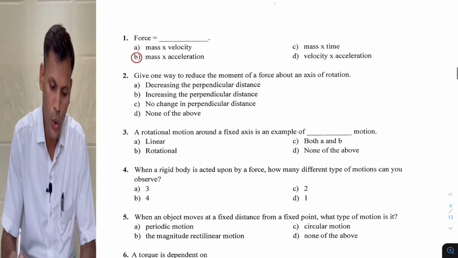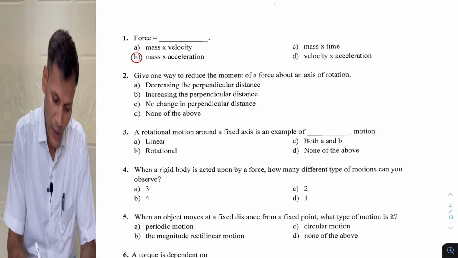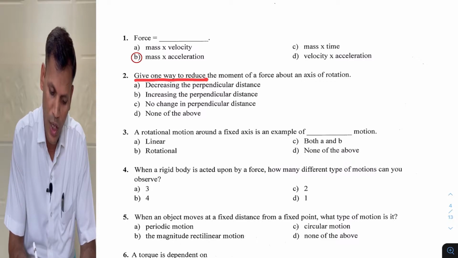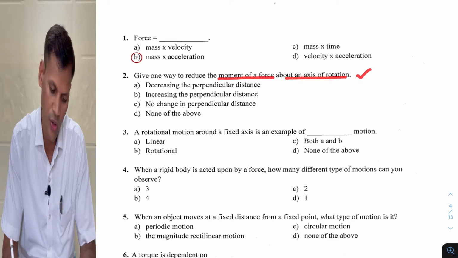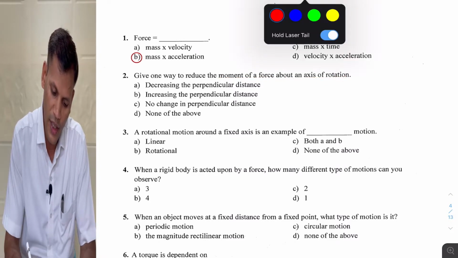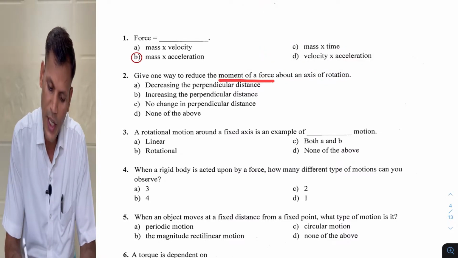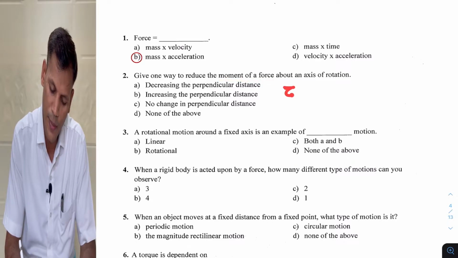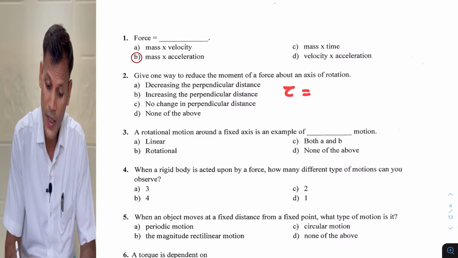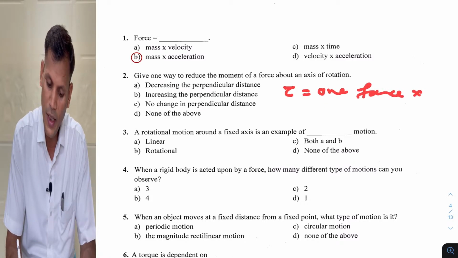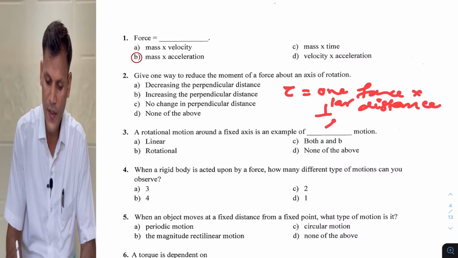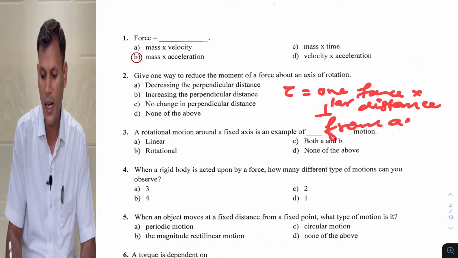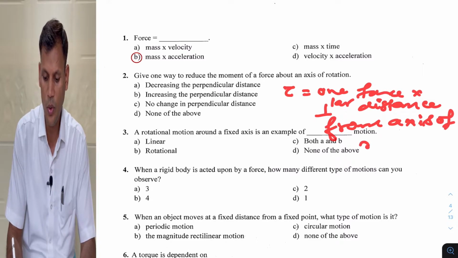Okay, now we'll do the second question. Which one is a way to reduce the moment of force about an axis of rotation? First of all, I want to tell you what the moment of force is. Moment of force is represented by tau. It is defined as the product of force and the perpendicular distance from the axis of rotation.